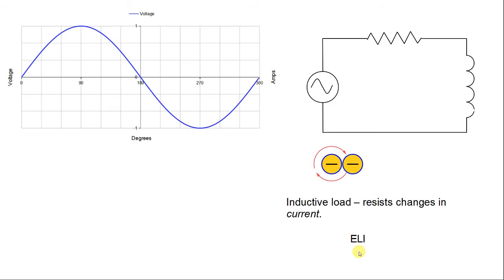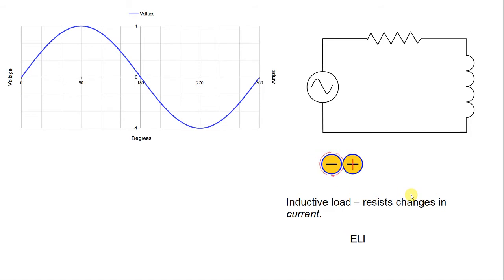So in an inductive circuit, we have our voltage, the E, leads our current, I. E comes before I in the three-letter acronym ELI. Voltage leads current, and voltage leads current in this circuit because we are inductive in nature.